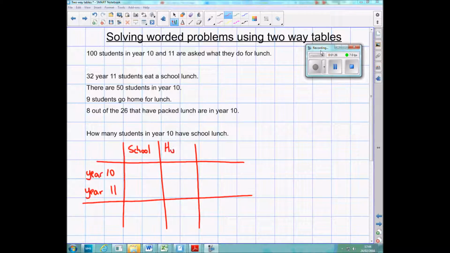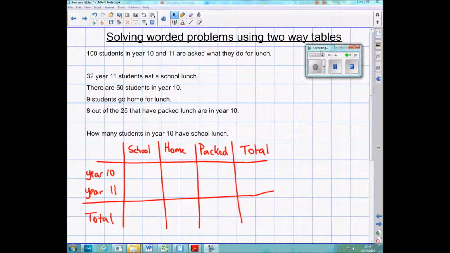Home for lunch and packed lunch. So we're only missing two more titles, and that is the total down the bottom and then the total at the top. We're now ready to start filling in our data.